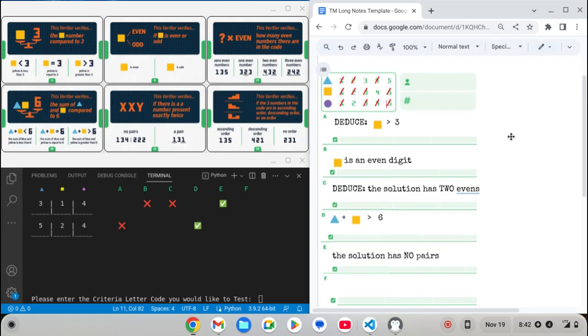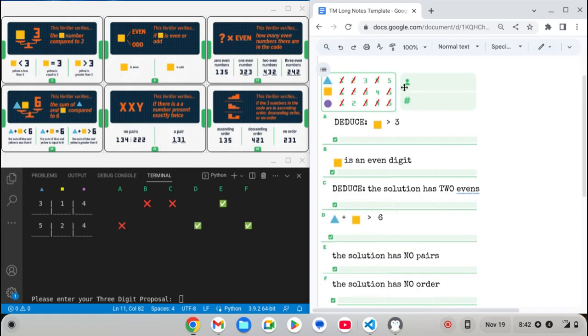There may not be a way to deduce it. Okay, well, let's go ahead and test criteria card F. Okay, yeah, so in my proposal 524, it is no order because it goes down, it decreases, but then it increases. So yeah, we'll say that the solution has no order.